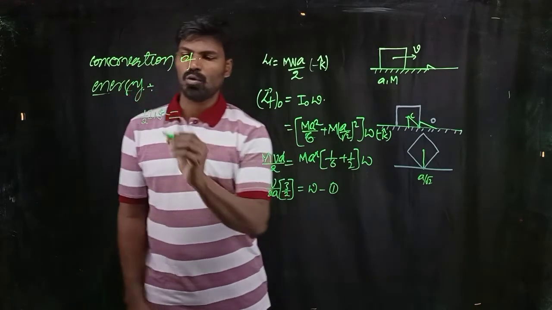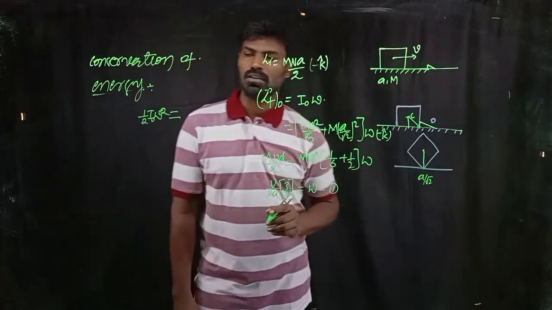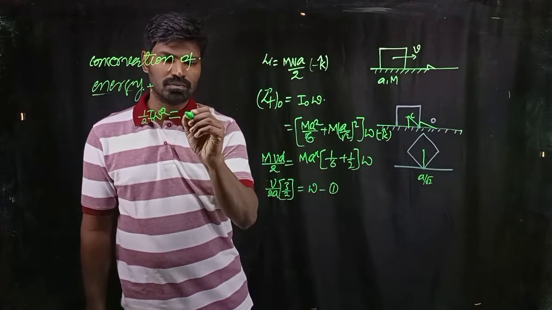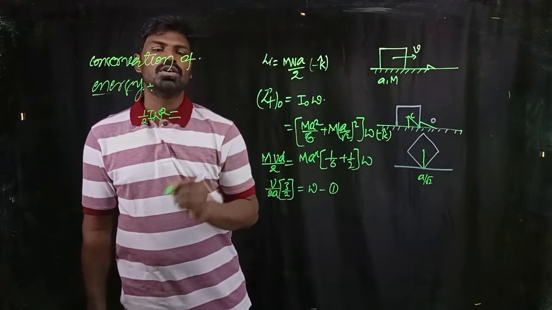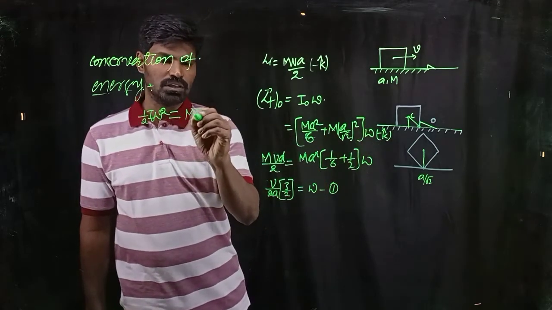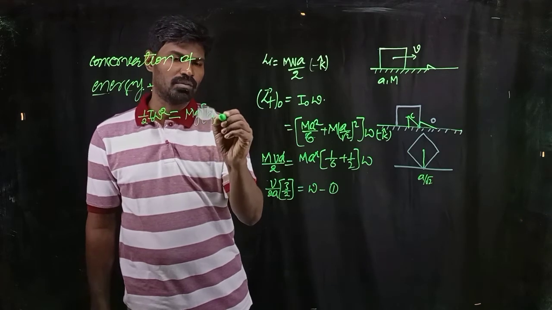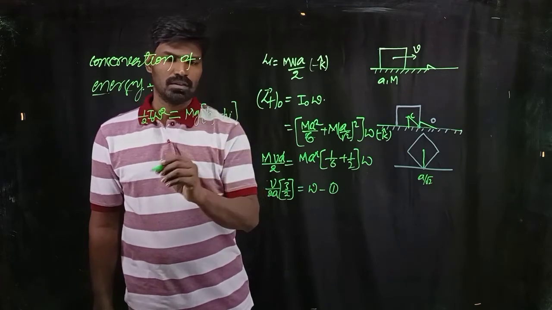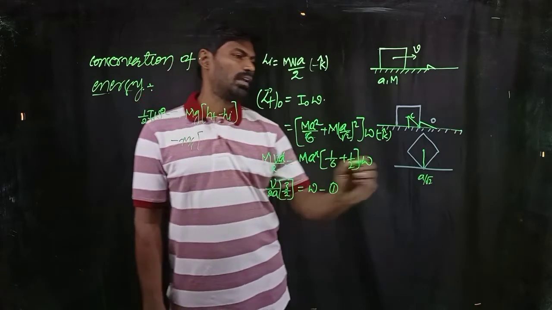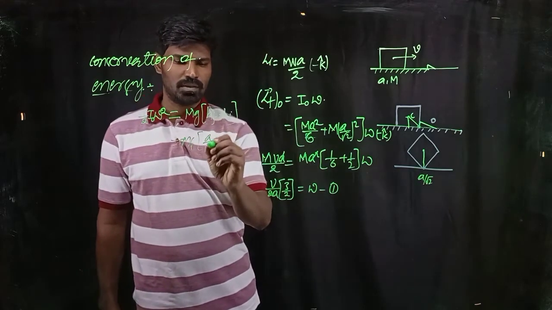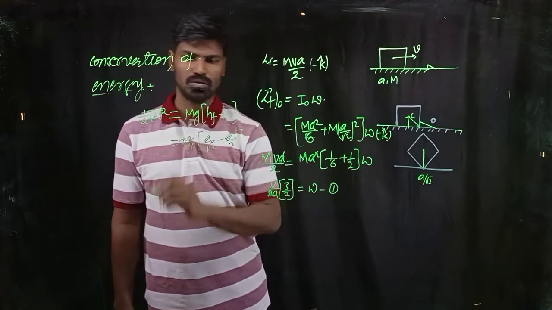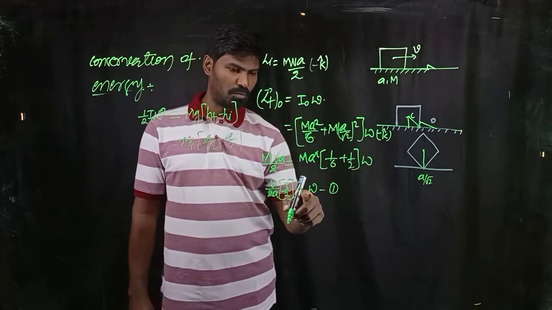All this kinetic energy should be converted into a change in potential energy. So mg into final height minus initial height. What is the final height? a by root 2, minus the initial height, which is a divided by 2. So from this expression we know the value of omega.